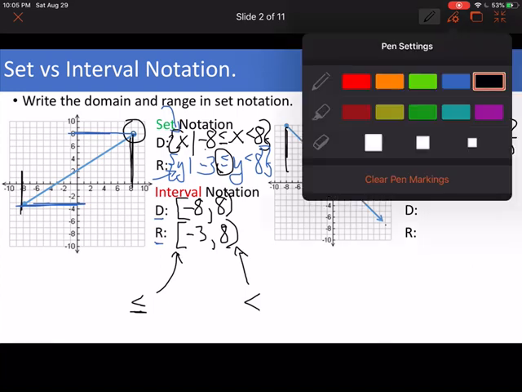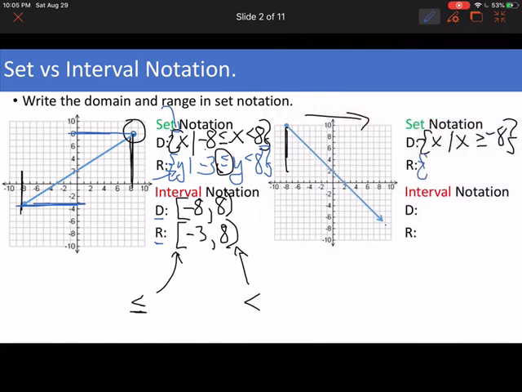Now then in the range, we're going this way and we're going down. So it is y is less than or equal to 10. So again, the y's are actually getting smaller, right? It's going this way.